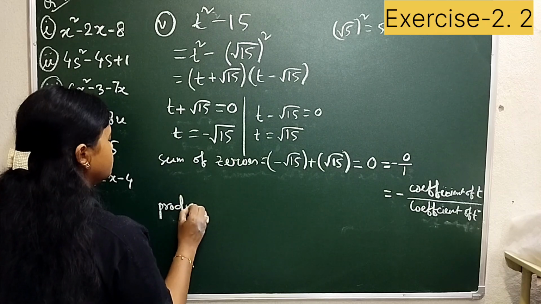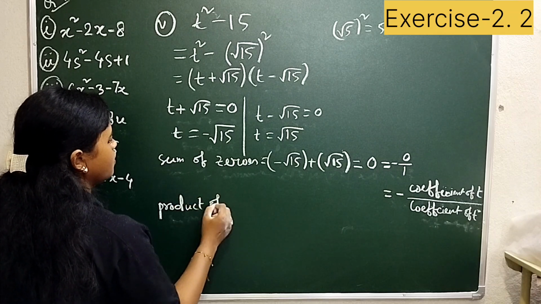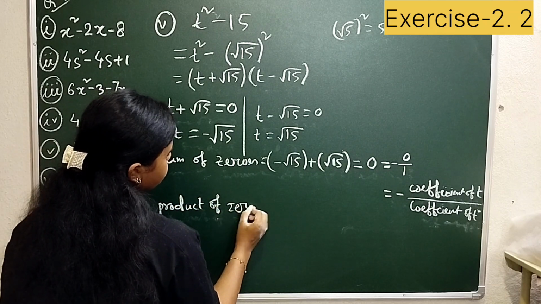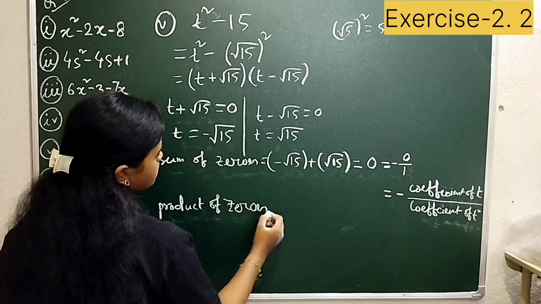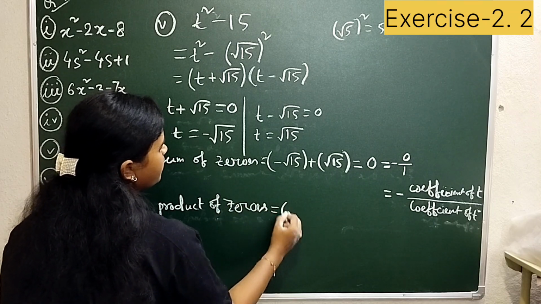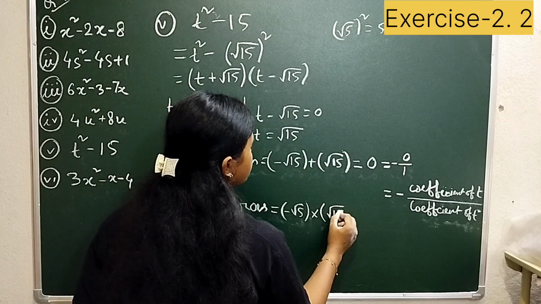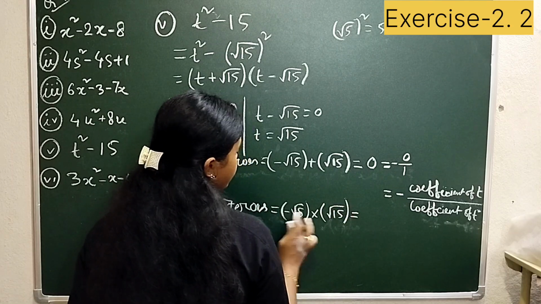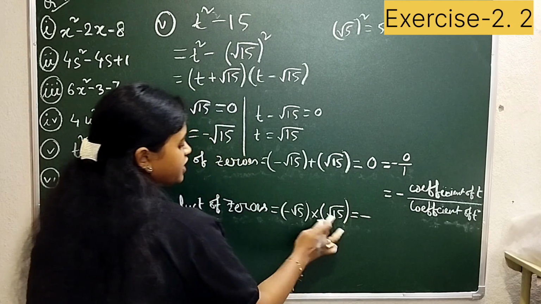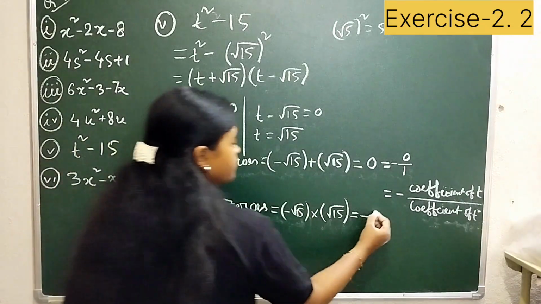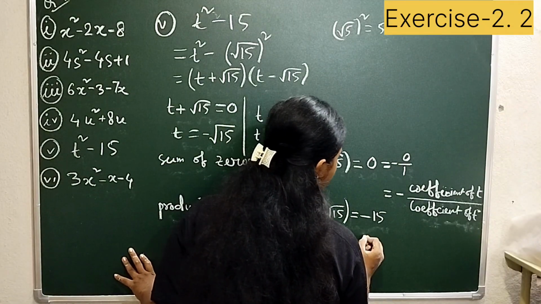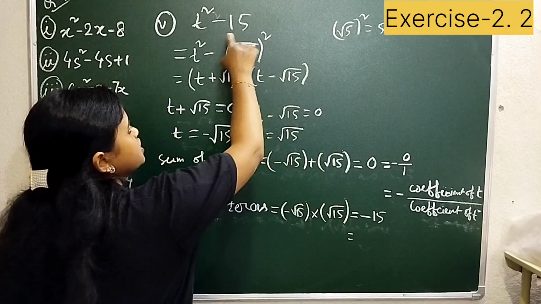Now the product of the zeros. Minus root 15 into root over 15, that is minus 15. And minus 15 is the constant term.